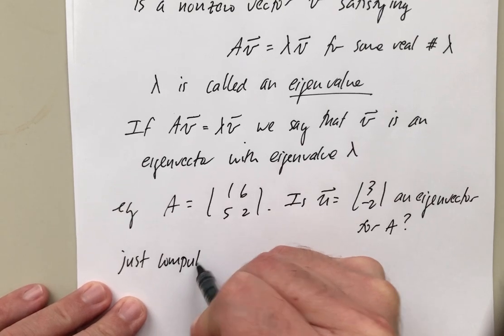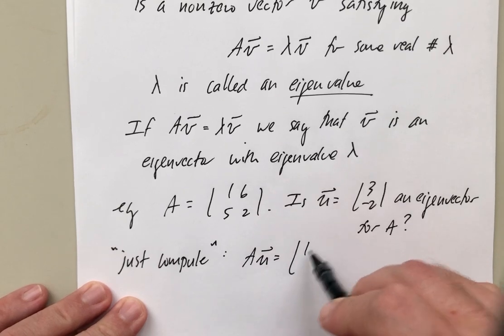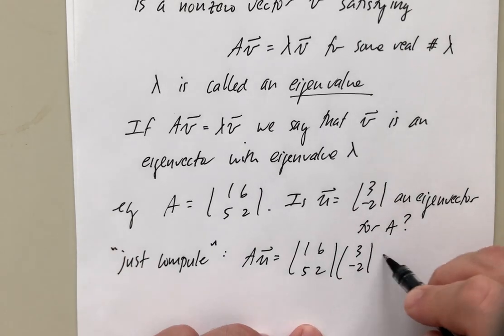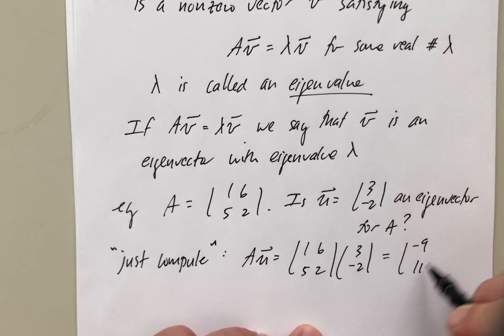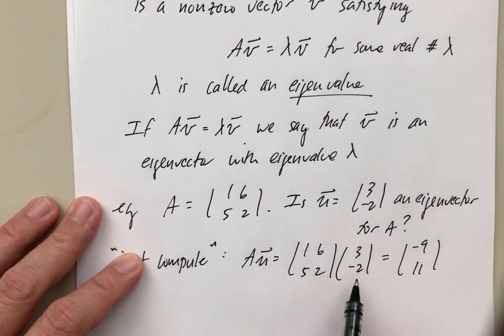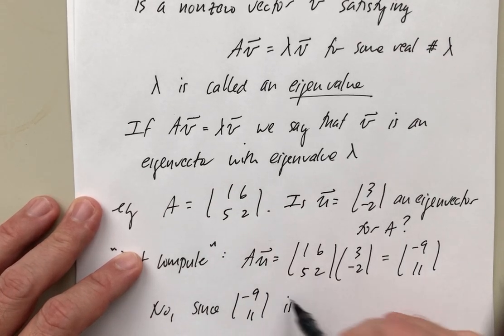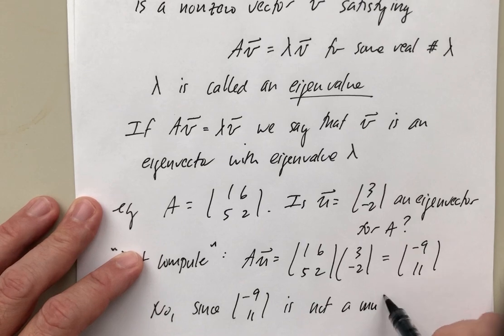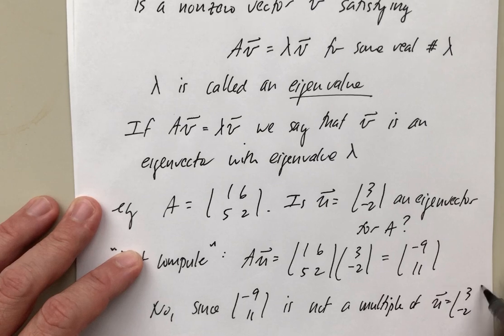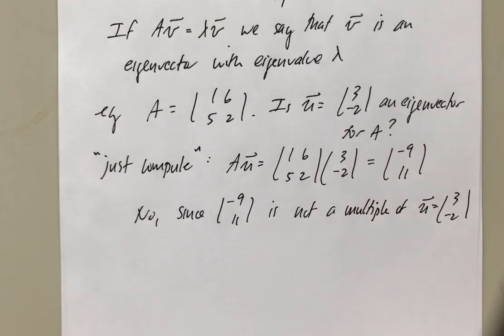I look at A times U, so this is 1, 6, 5, 2, times the vector you gave me. What I get here is minus 9, 11. Notice that this is not a multiple of what you gave me. So the answer is no, since minus 9, 11 is not a multiple of U, which was 3, minus 2.